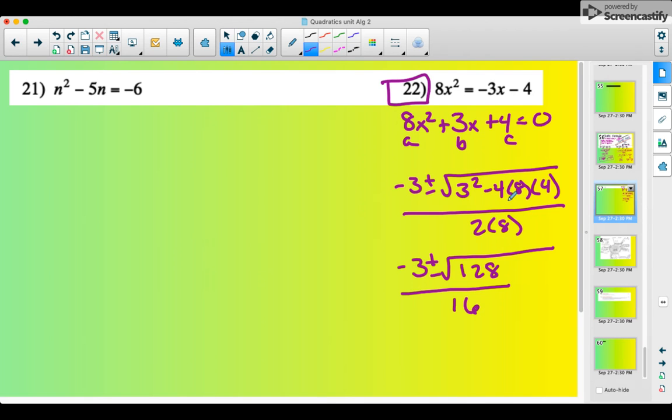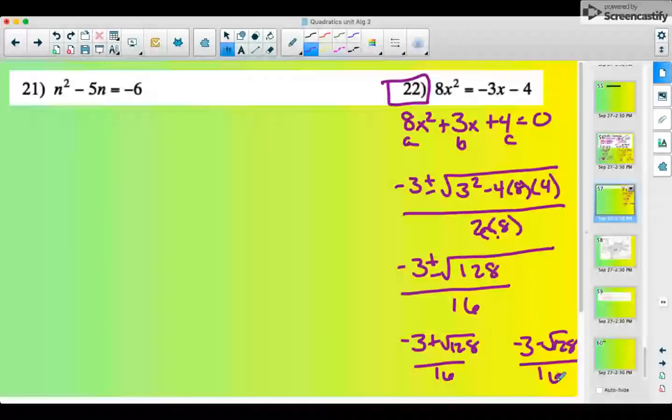Right? So that would be, yeah, that should be right. From here, we would simplify our denominator also, which gives us 16. So I've got my two equations being negative 3 plus the square root of 128 over 16, and negative 3 minus the square root of 128 over 16.